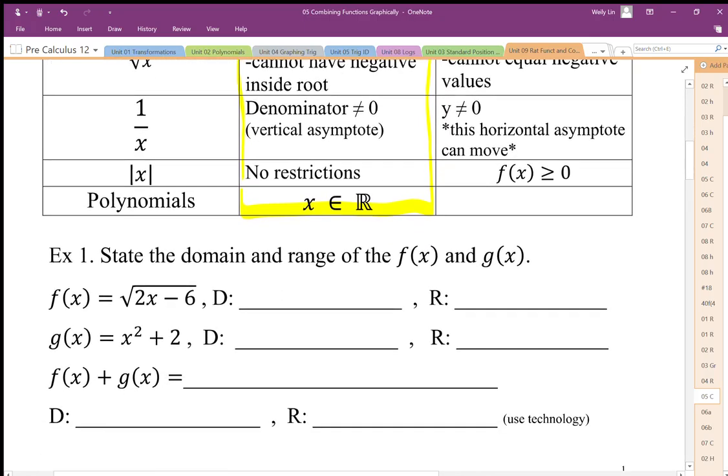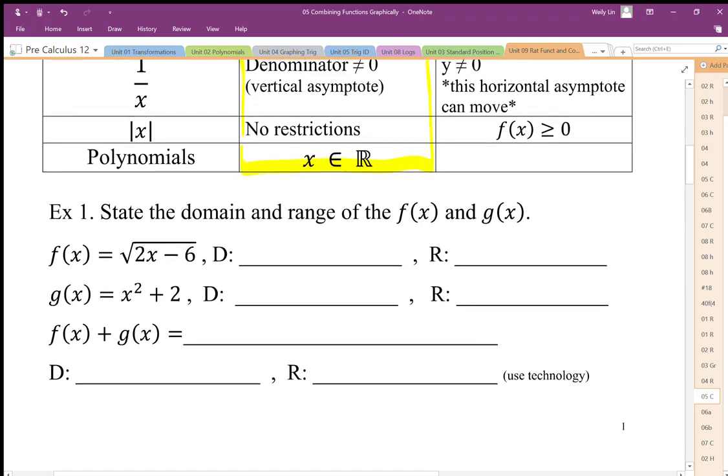So here's an example where we have two functions, an f function and a g function. The f function is a square root function, the g function is a polynomial. So we should first of all observe what the domain and range is for each function. For f, my domain restriction is that the inside cannot be negative. So I need to know the boundary point.